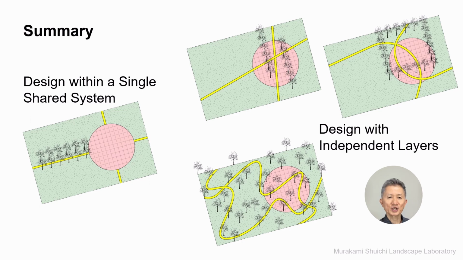Designing within a single shared system makes it easier to integrate the whole composition around a common ground surface. Designing with independent layers, on the other hand, gives us greater freedom to shape and arrange each element, allowing space to emerge through a wide variety of relationships.